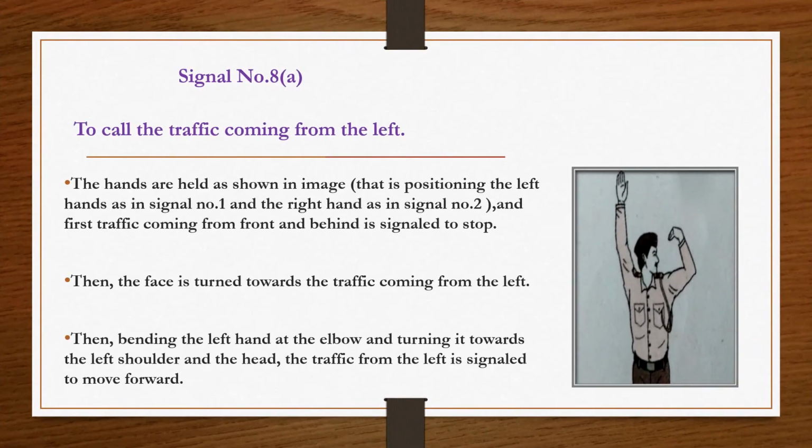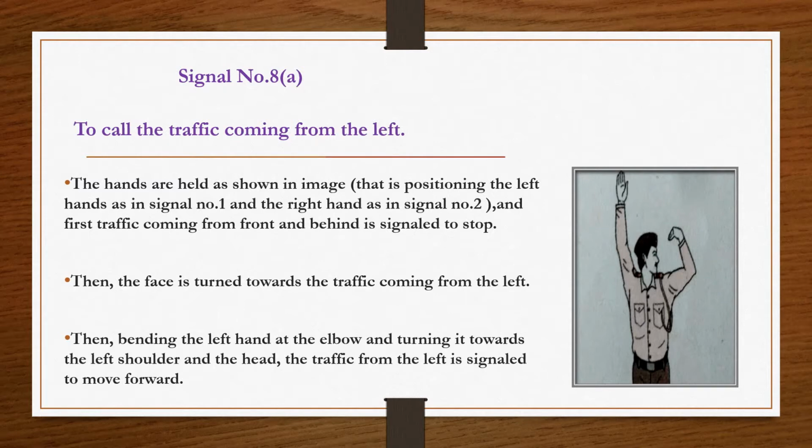Signal number 8A. To call the traffic coming from the left. The hands are held as shown in the image. That is, position the left hand as in signal number 1 and right hand as in signal number 2.